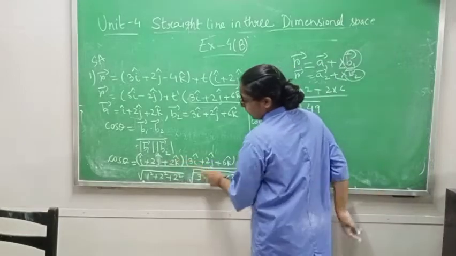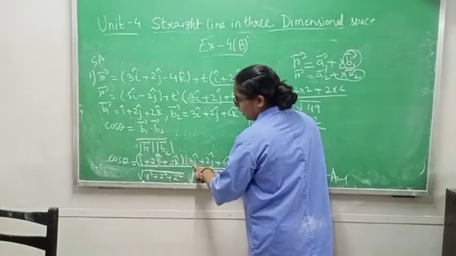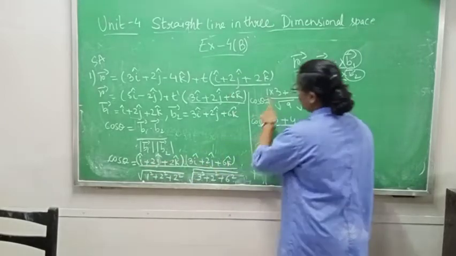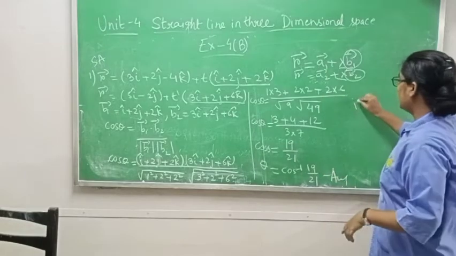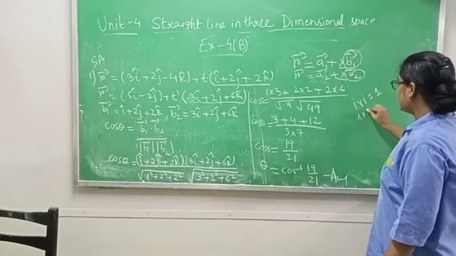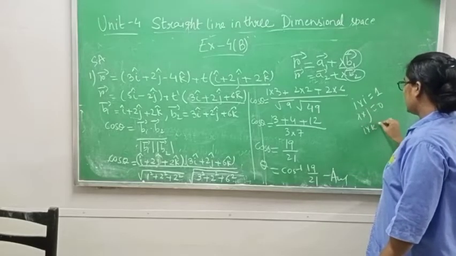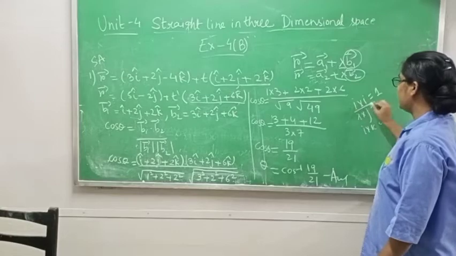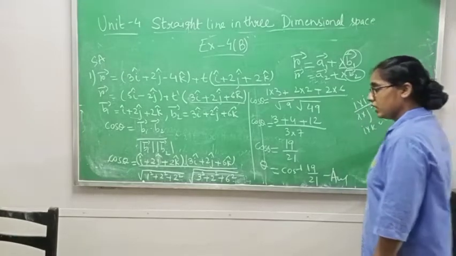Now, since it is a dot product, i into 3i will give you 1 into 3, because i dot i equals 1. You have done that in vectors: i dot i equals 1, i dot j equals 0, i dot k also equals 0. When you have the same vector with cap it will come 1, otherwise it will come 0.